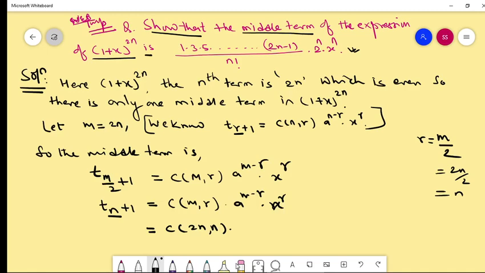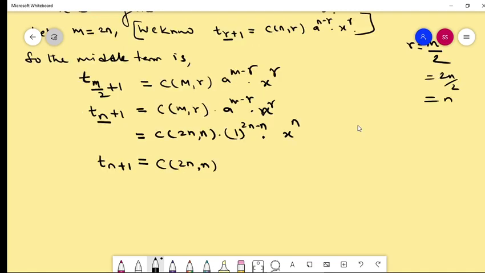Then dear students, we obtained T(n+1) equals 2nCn, 1 to the power n is 1, no problem for that, and x to the power n. We obtain this step. Then it can be written as 2n factorial over n factorial times n factorial, times x to the power n. Up to this step, no doubt.